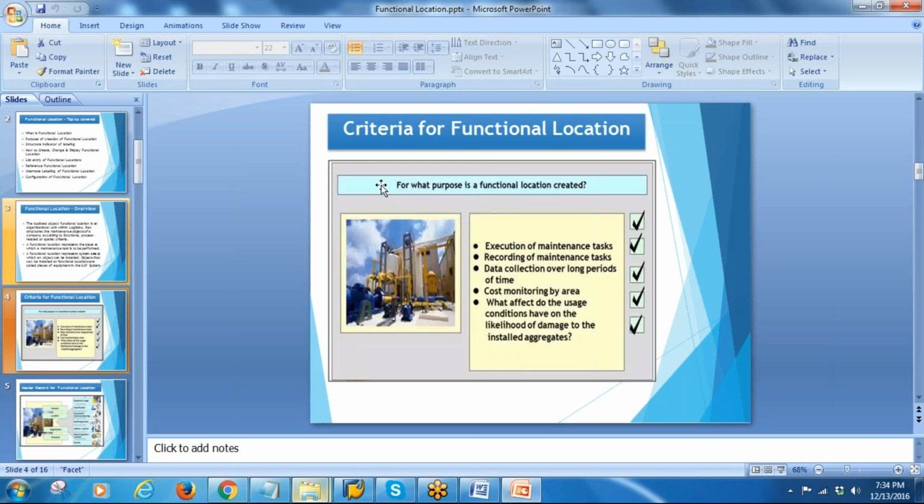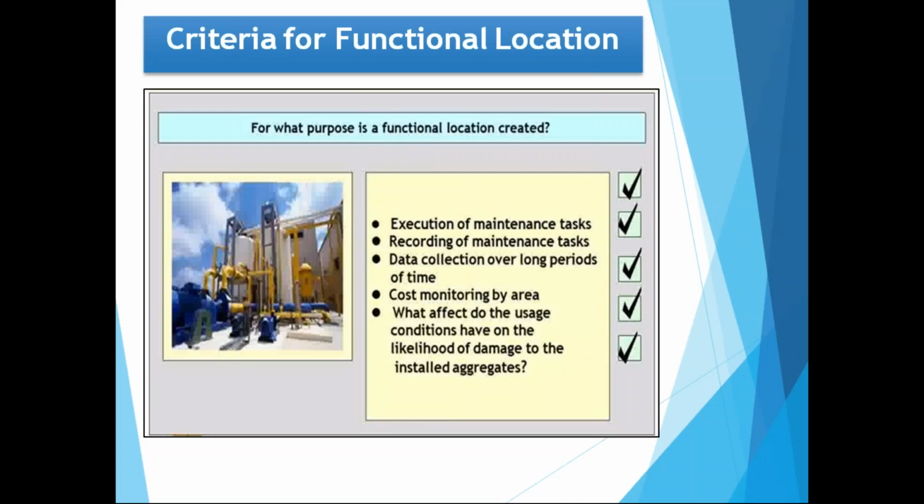For what purpose are the functional locations created? Functional locations are created for these purposes: execution of your maintenance tasks, recording of your maintenance tasks, data collection over a longer period of time. Like I want to see my maintenance tasks done for a particular period, for a particular place or for a particular location.